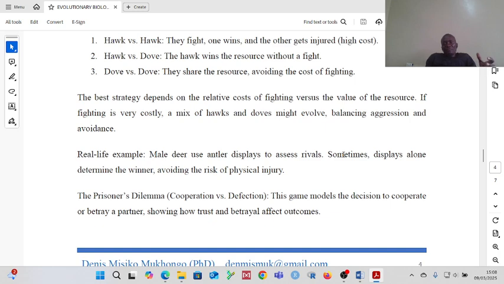So there is a decision that is supposed to be made where you have to cooperate, and by cooperating with whoever it is that you've encountered, in the extent of cooperating, you are betraying your partner. So by betraying your partner, you have now done what? Broken the trust. So it is showing now how the level of trust and betrayal will affect outcomes.